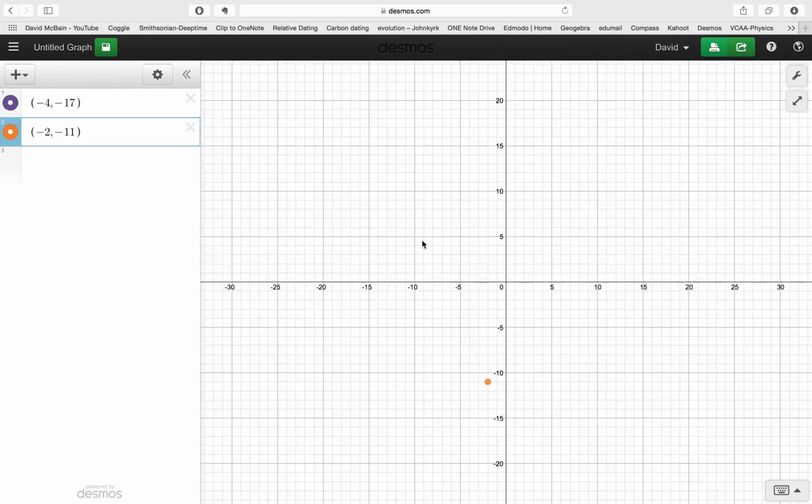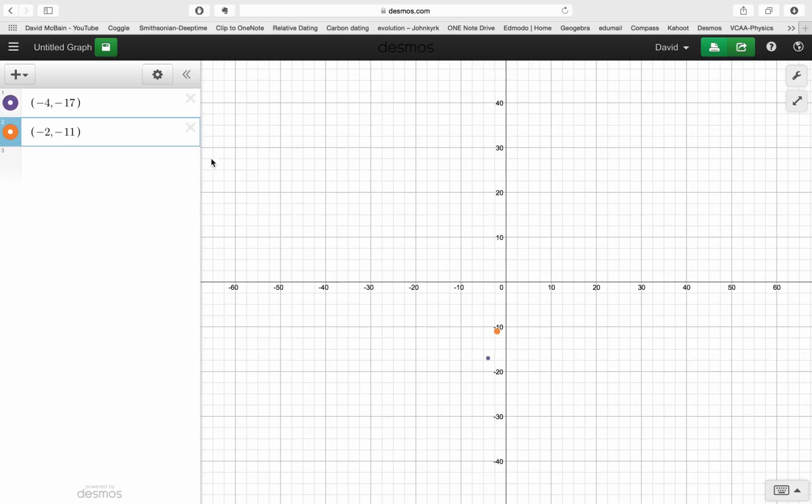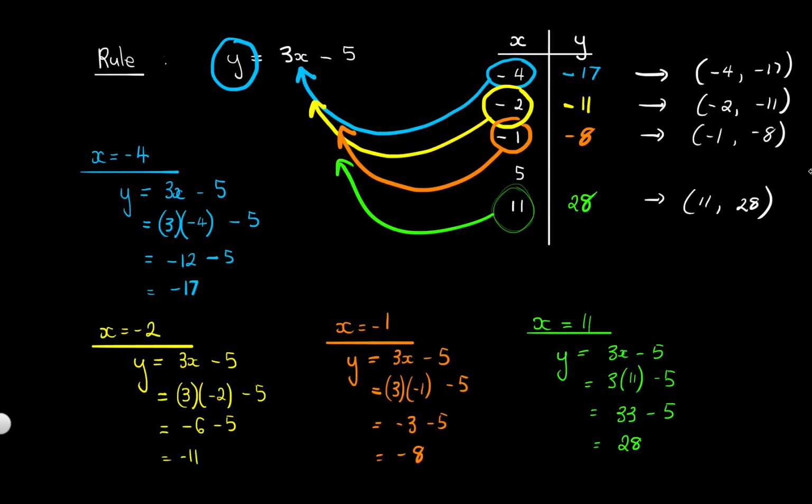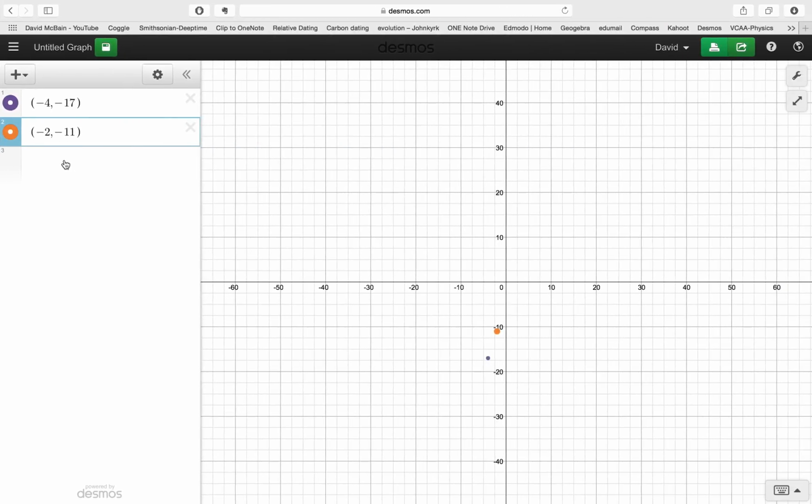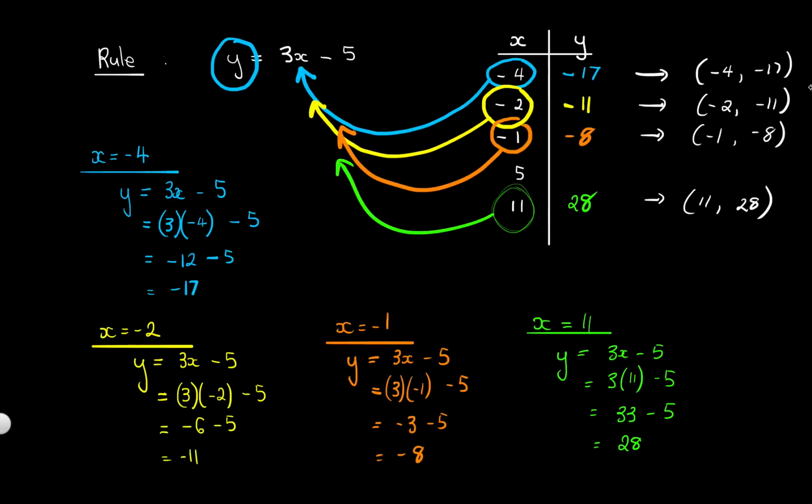I might zoom out a bit to see the points. The third point is -1, -8. And the last point we got was 11, 28.